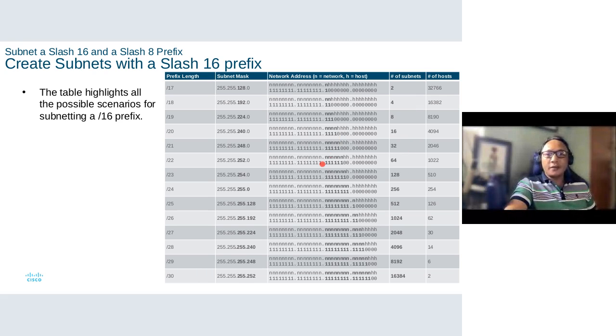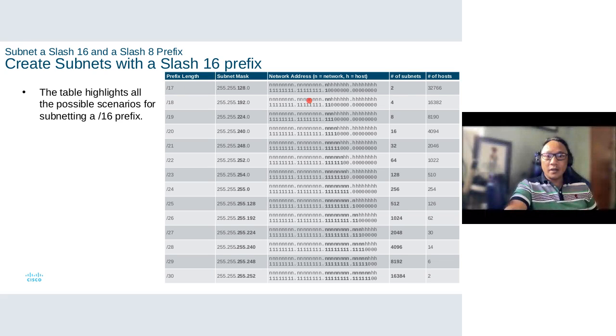From the illustration, we can see how many variations there are: 1, 2, 3, 4, 5, 6, 7, 8, 9, 10, 11, 12, 13, 14. From slash 17 to slash 30, that's around 14 types of subnetting that we can do on a slash 16 prefix.